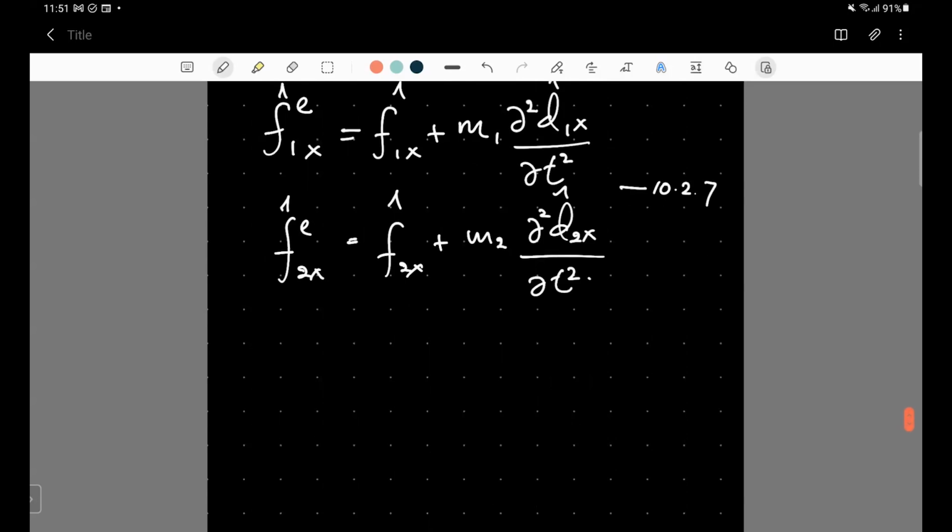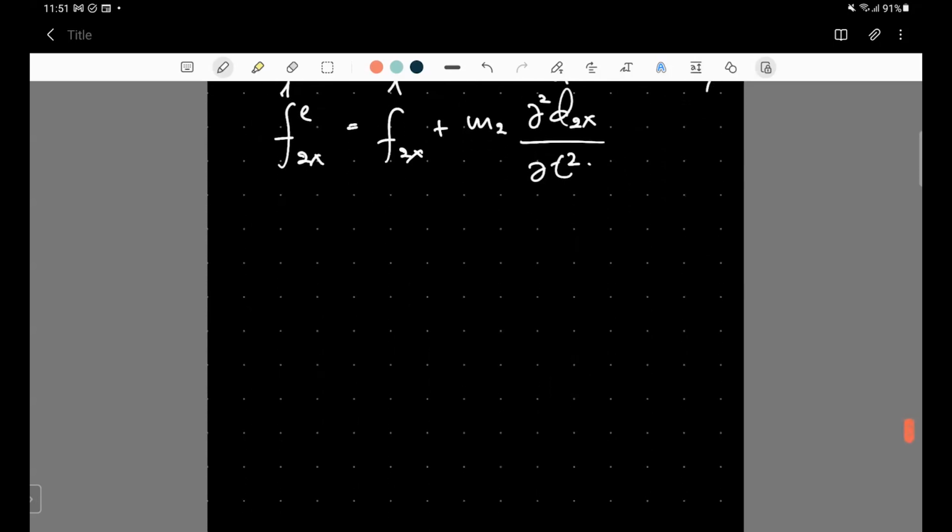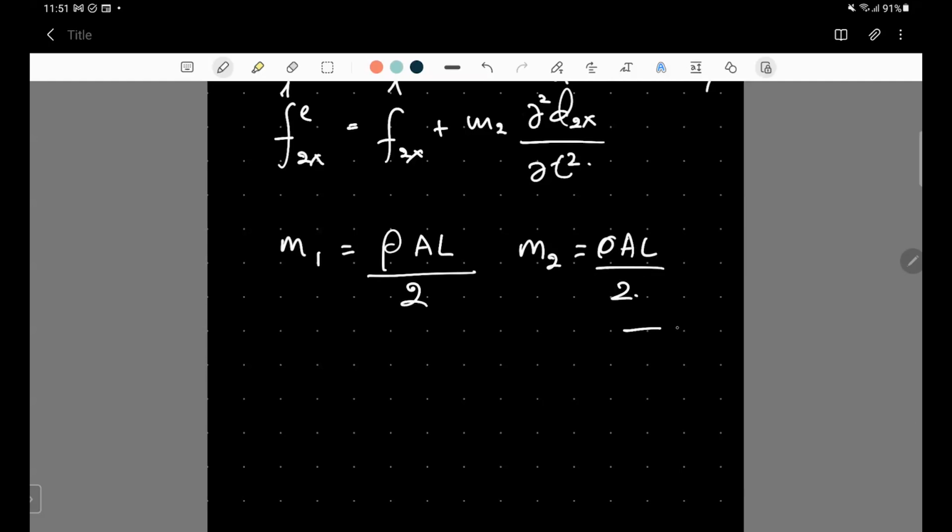We lump it in such a way that the total mass of the bar is equally distributed at the two nodes. So M1 is equal to rho A L divided by 2, where A times L gives the volume. Similarly, M2 is equal to rho A L divided by 2. That is how we lump the mass to the two separate nodes.